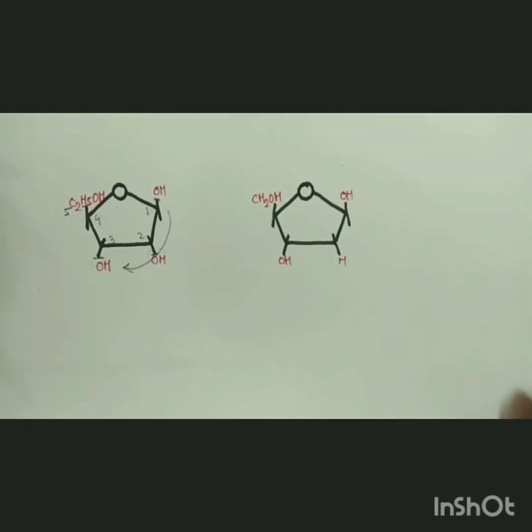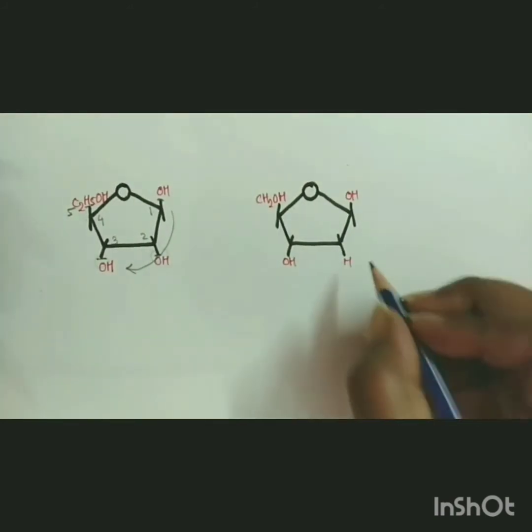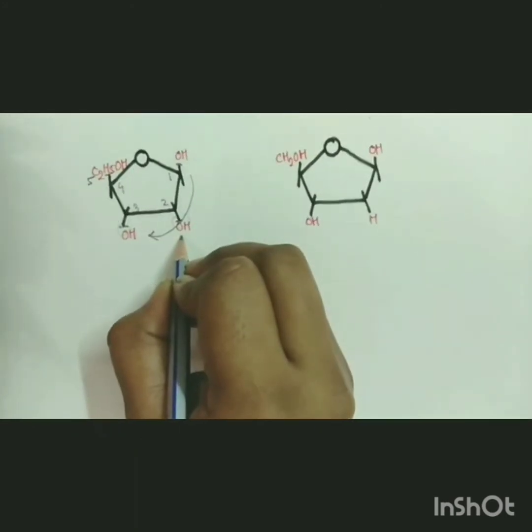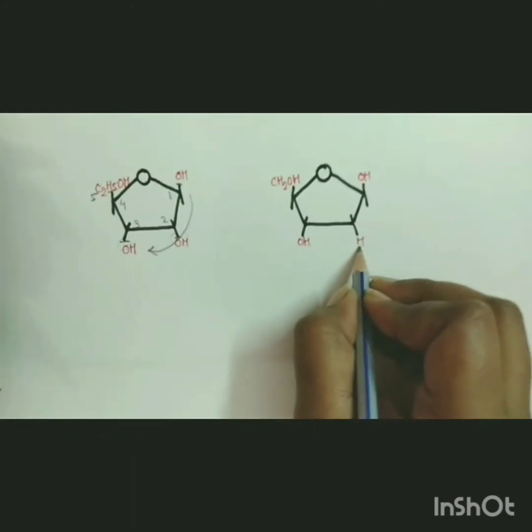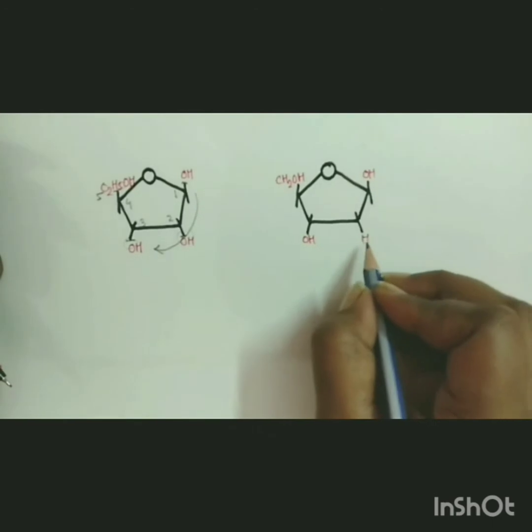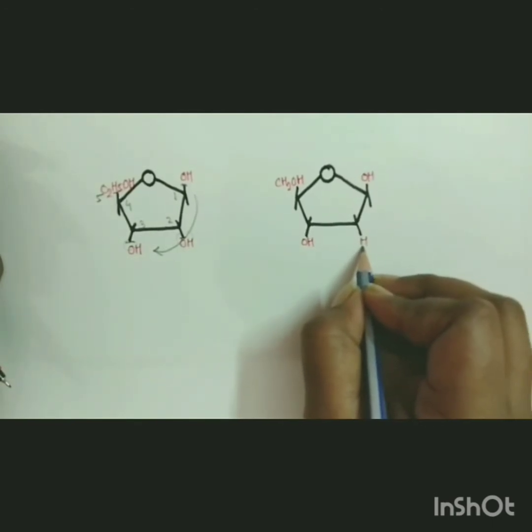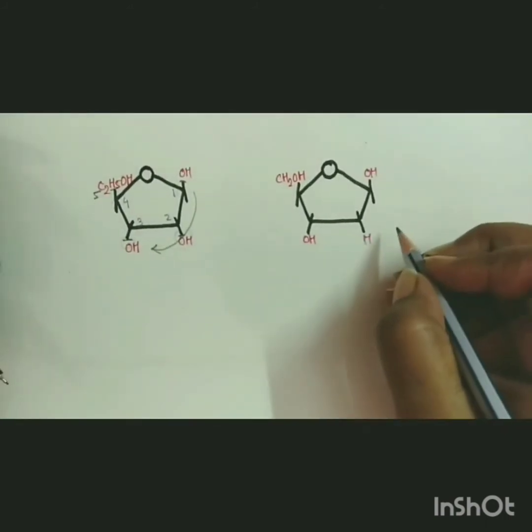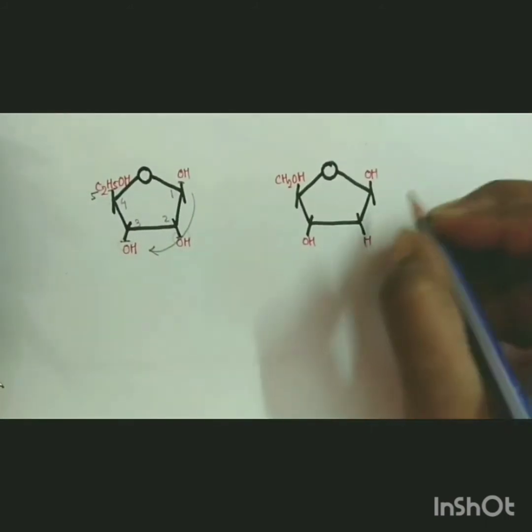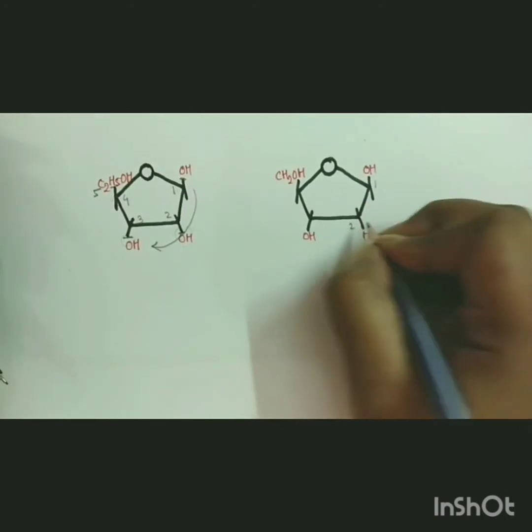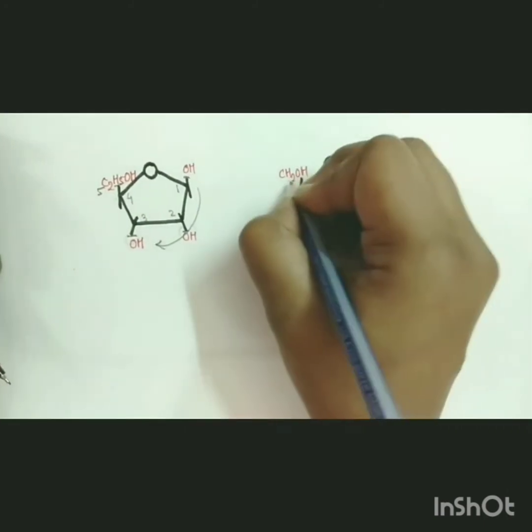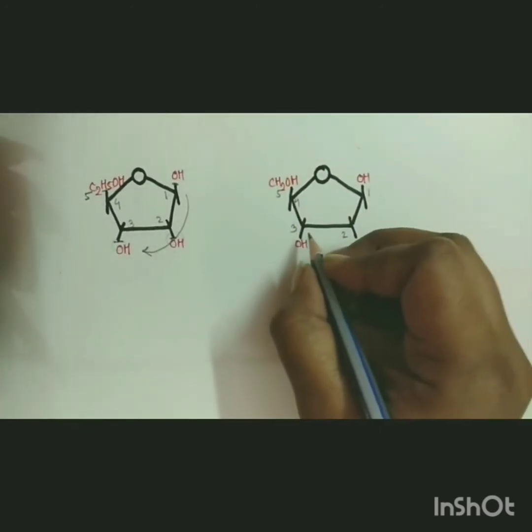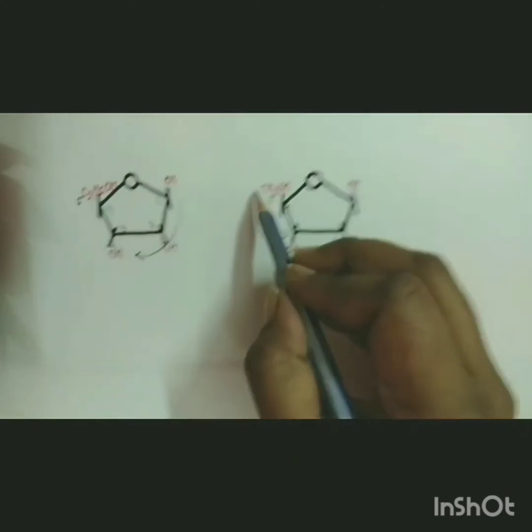Here, the second carbon has H in place of the OH which was there in the previous case. The only difference is this OH group having been replaced by H in this structure. So similarly, let's count the carbon numbers 1, 2, 3, 4 and 5. As I said, CH2OH is now a part of this structure.